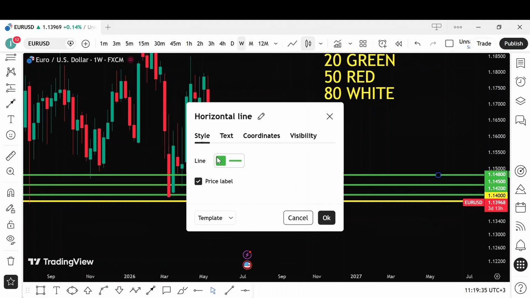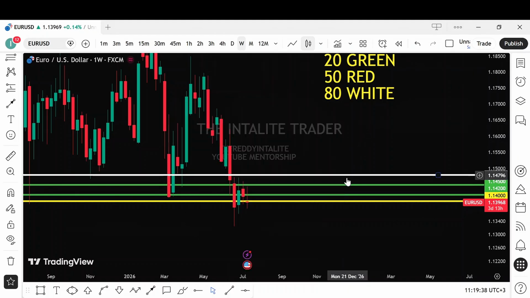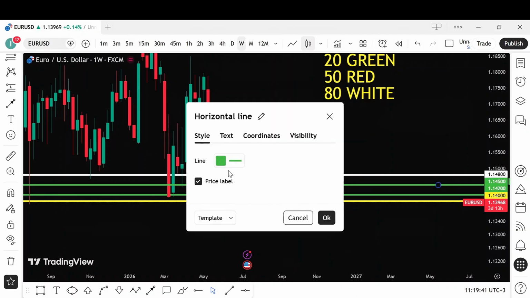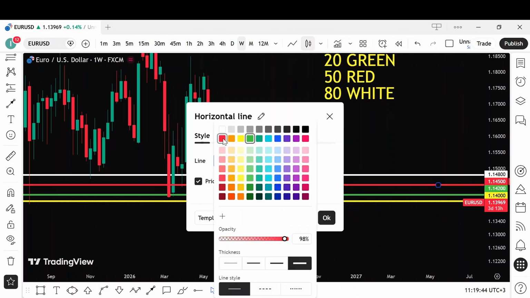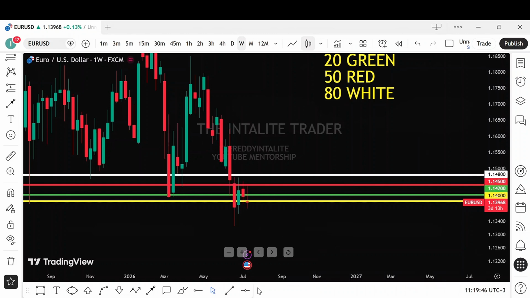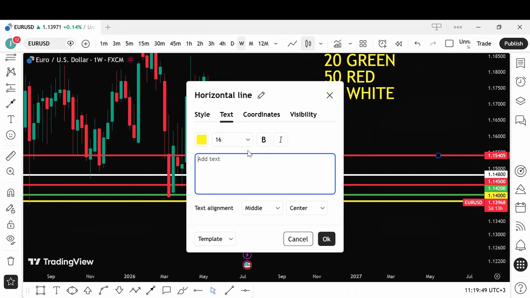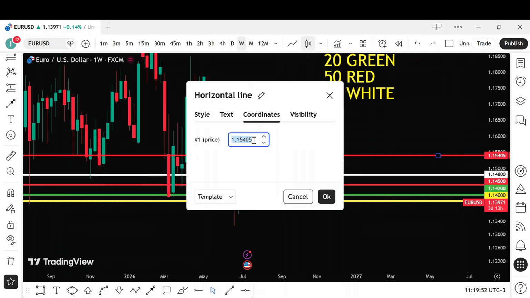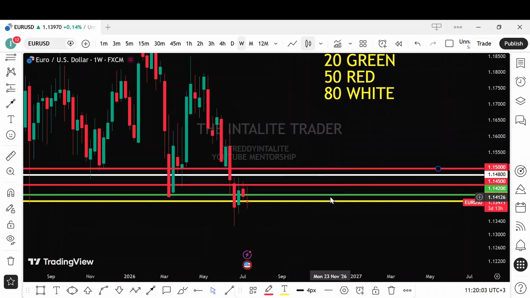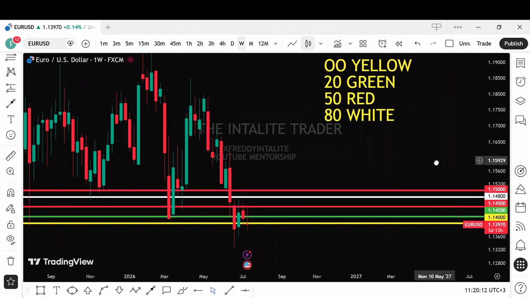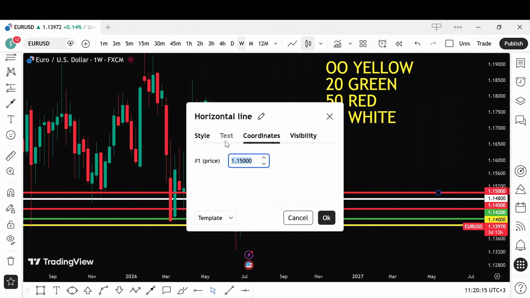The 80 level is white, and the 50 level is red. We also have another level, which is 1.1500, and this is yellow because we said the 00 level is yellow.